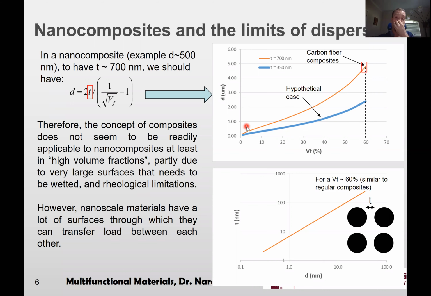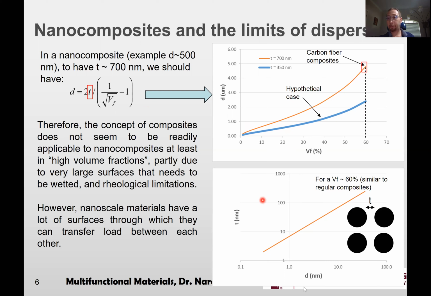That's why on average, if I keep T at 700 nanometers and reduce diameter to about 100 to 200 nanometers, the volume fraction I will get is in the order of a few percent, and filling above that is going to be really challenging.